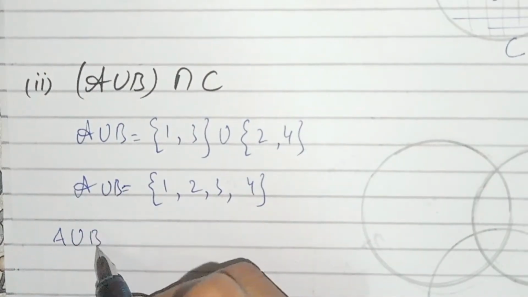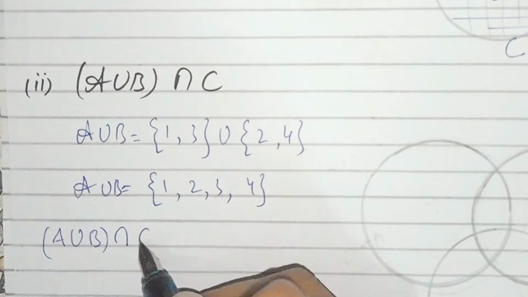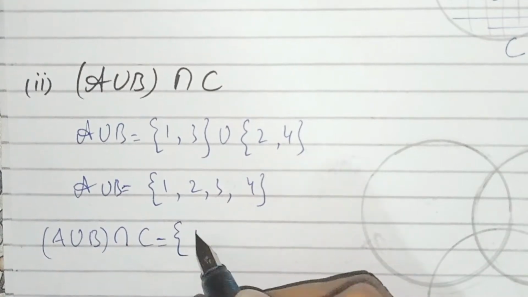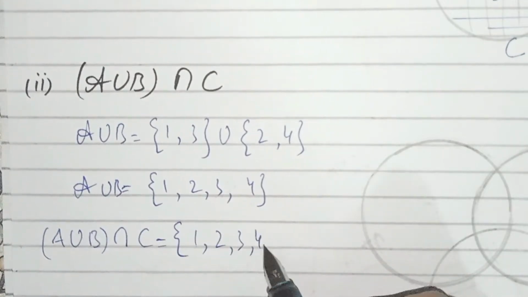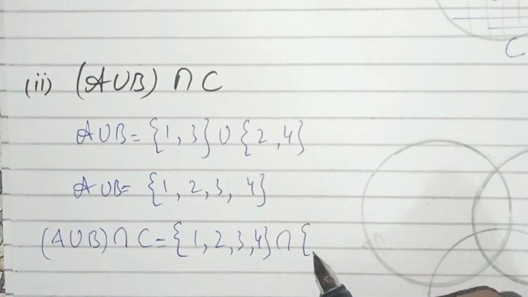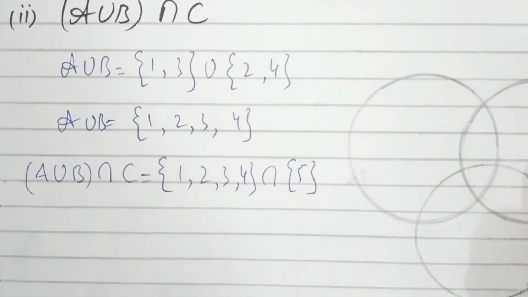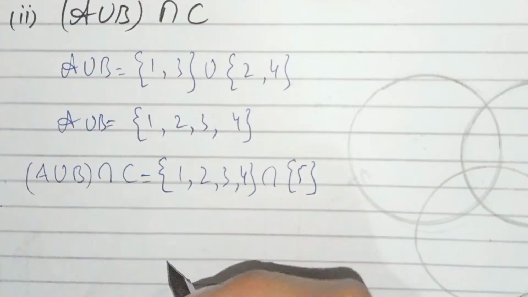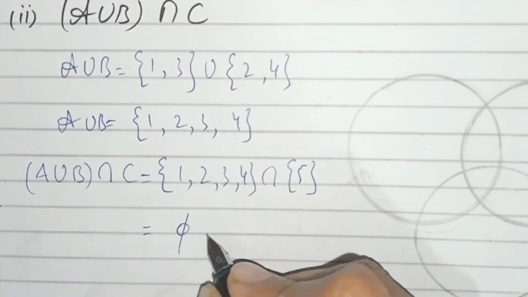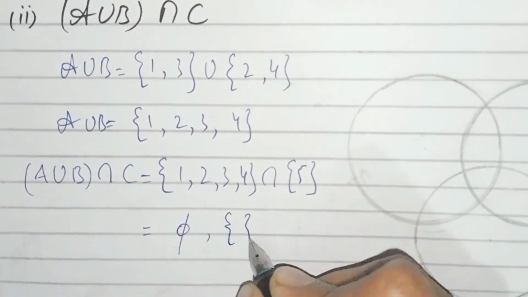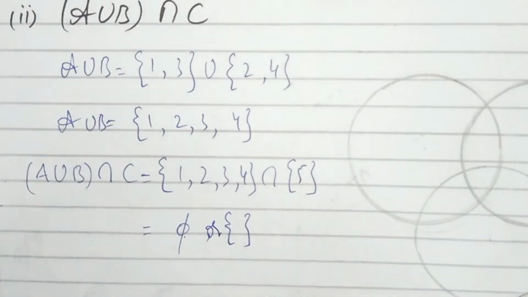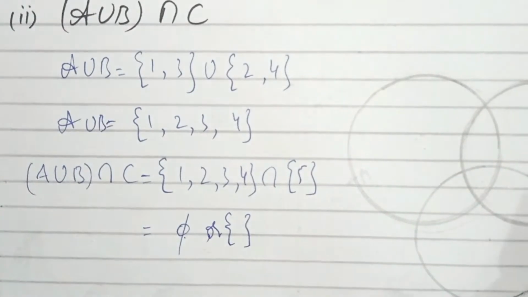Now, A union B intersection C. A union B is 1, 2, 3, 4. Intersection means to take common, and in both of these sets there is nothing common. It means we get the empty set, this one or this one. Both are equal to the empty set. Both are the symbols of the empty set.